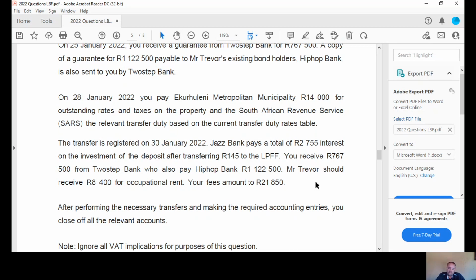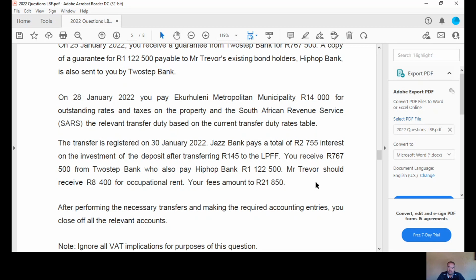Okay, so the interest transaction you're going to first show as a receipt in the investment, and the credit goes to the client that you invested the money on behalf of. Then the 145 to the LPFF. I also want you to first show it as a receipt in the investment and then credit the LPFF account. So you don't pay it out to the LPFF directly.